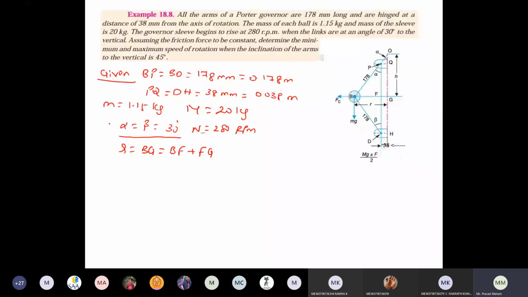How to get BF? Angle alpha is given. Can anyone tell sin alpha in terms of what? I can write it as BF by BP.